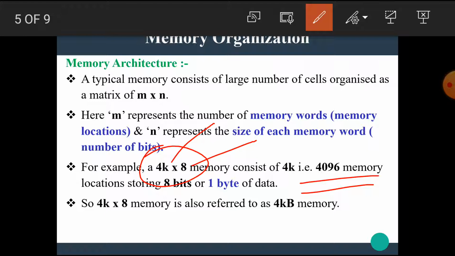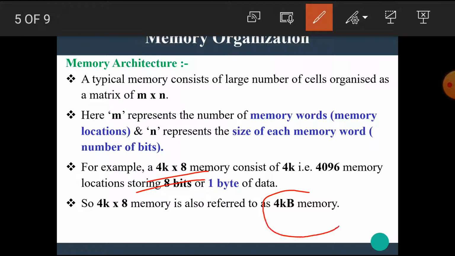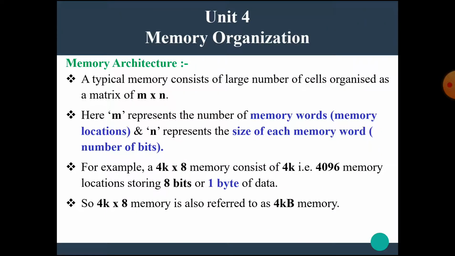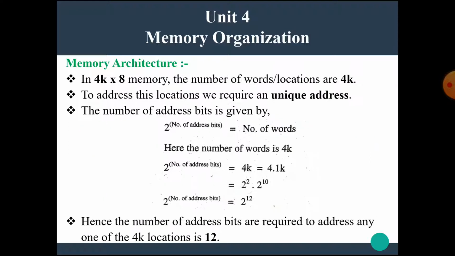That means there are 8 bits, and we know that 8 bits means 1 byte. Therefore, we can also say the 4K by 8 memory is also referred to as the 4 kilobyte memory. I hope now you all understand what is M by N memory.